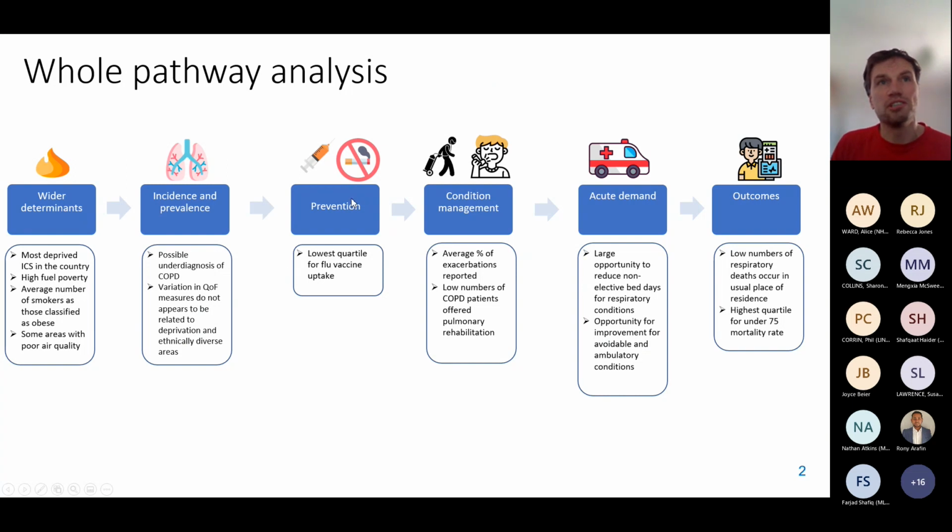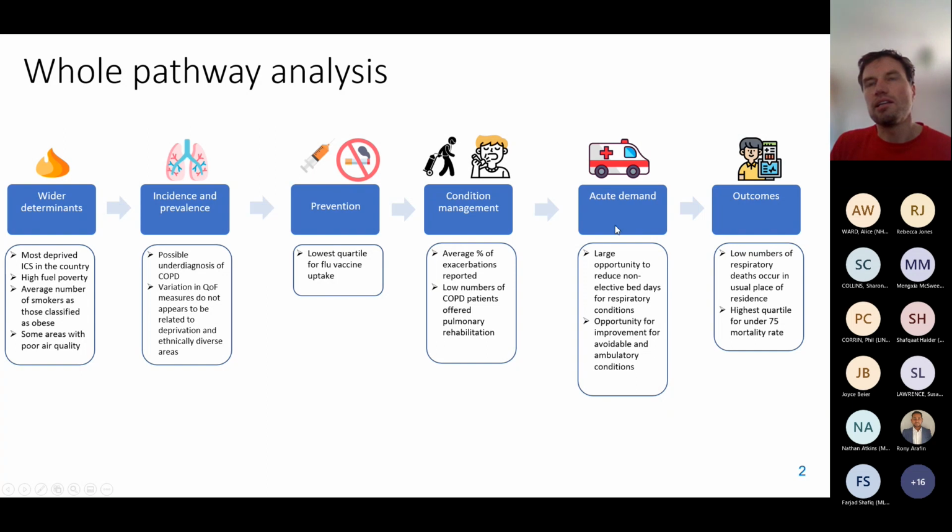In terms of prevention, perhaps more flu vaccines could be given to stop people getting ill. Looking at condition management, there's an average number of exacerbations of respiratory conditions, low numbers of COPD patients offered pulmonary rehabilitation, and some treatment to try and manage the COPD.